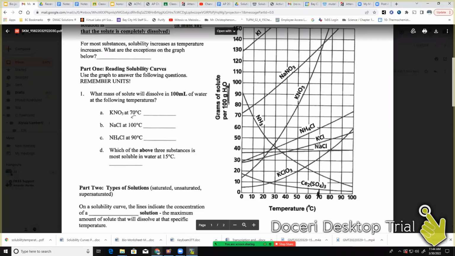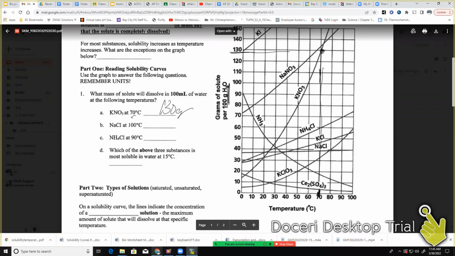So I start at my 70 degrees, and then I'm going to go up until it intersects the potassium nitrate line, which is right here. And then I'm going to come across over here and read how much. So that would be 130 grams can dissolve at that temperature in that amount of solvent.